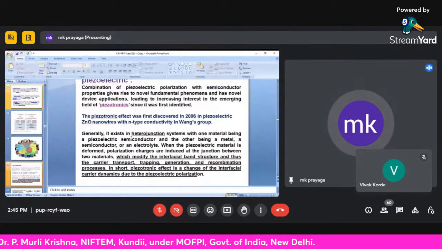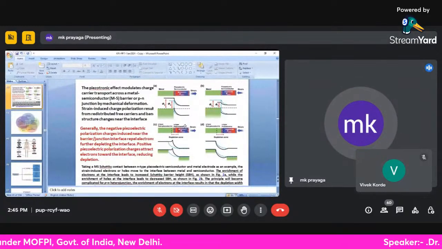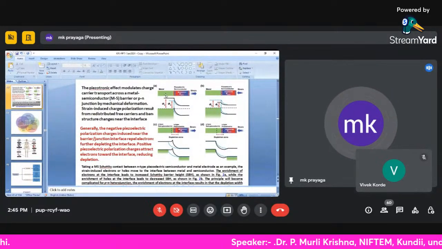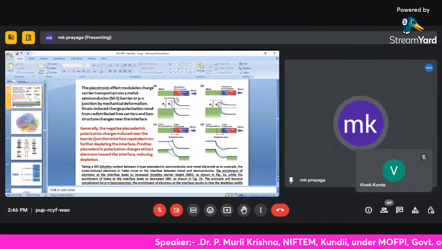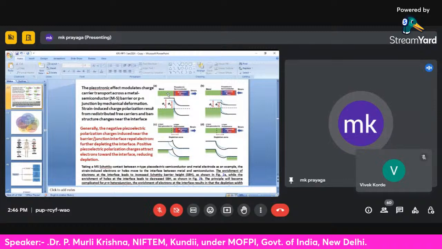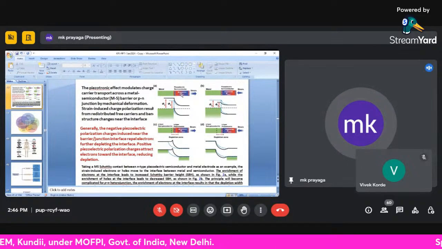When you combine them, this is the explanation of how this can work out. You can see here, this is one of the best examples for explaining the interaction between the piezoelectric and metal structures. So you combine the metal with a piezoelectric material.